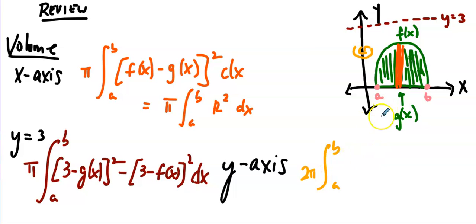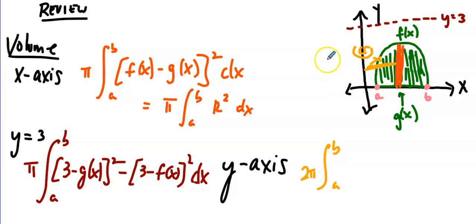So a to b. Now remember that our radius is going to be, well, first of all, our distance here is going to be x. Because remember, we always do our distance from our axis, our y-axis, to our rectangle. So that's always going to be x or y based on which shell method we're going to use.